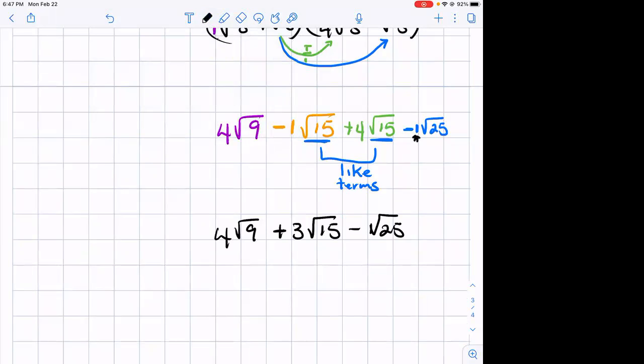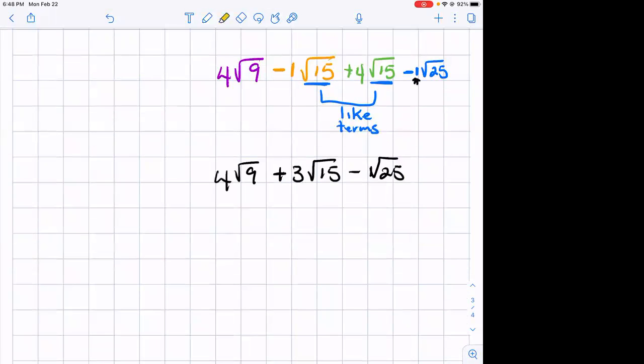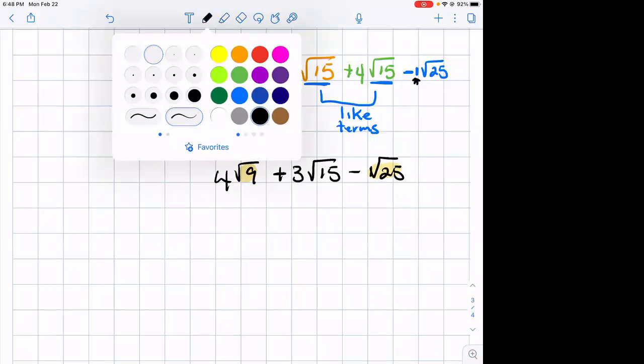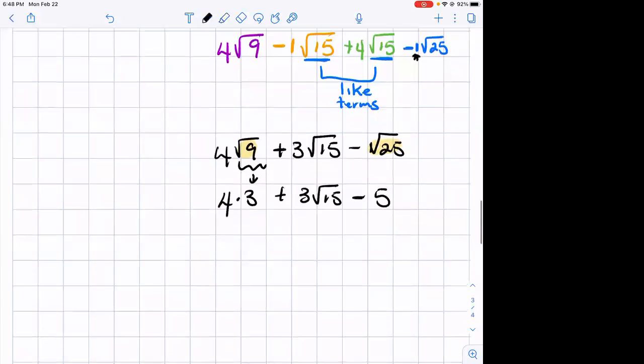Because they're like terms, we just add and subtract the coefficients. Now notice that 9 is a perfect square, 25 is a perfect square. So this becomes 4 times 3, plus 3 root 15 minus 5. And 4 times 3 is 12, so we have 12 plus 3 root 15 minus 5.